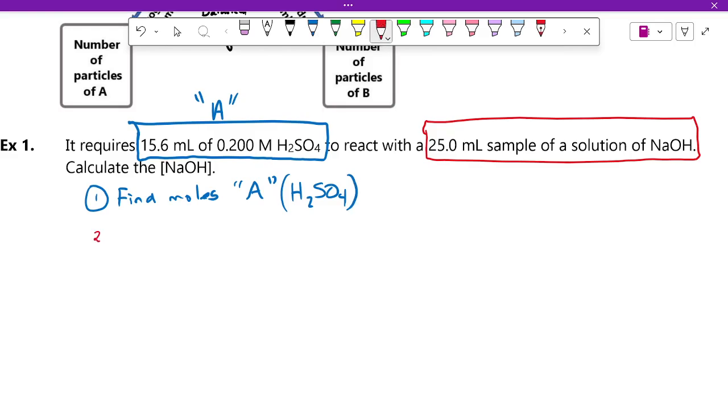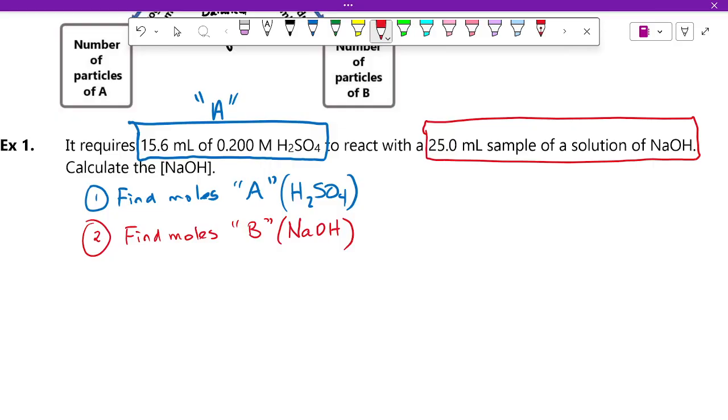Step 2 is going to be, what will we do next? We will find moles of B. And who is substance B? NaOH. What do we need in order to do that conversion from substance A to substance B?